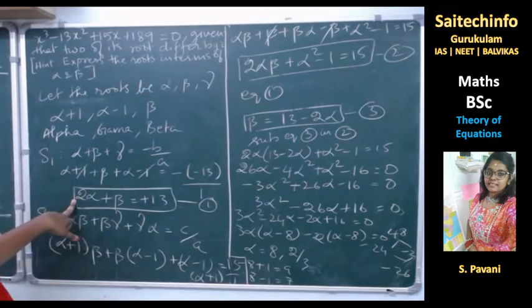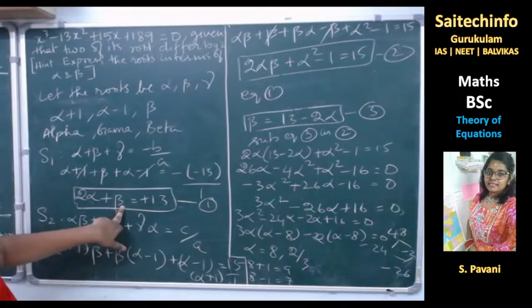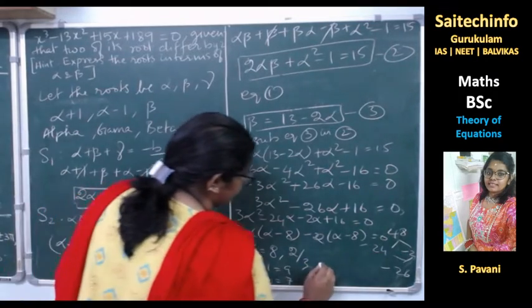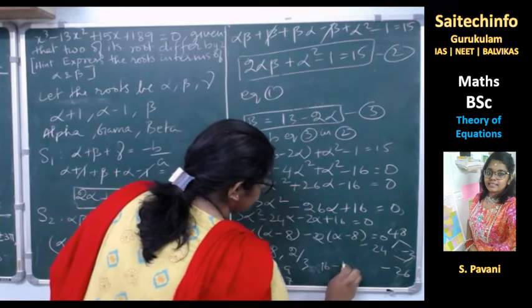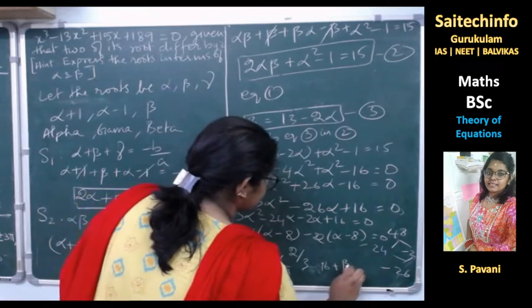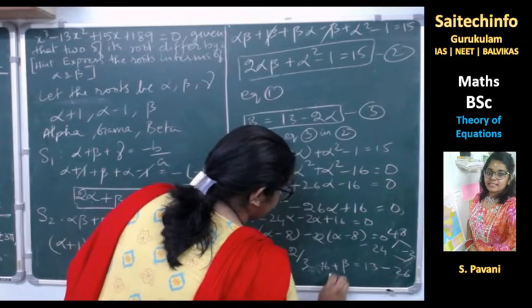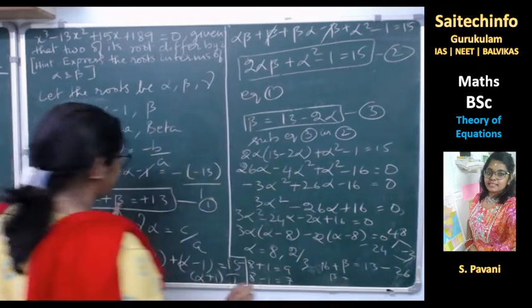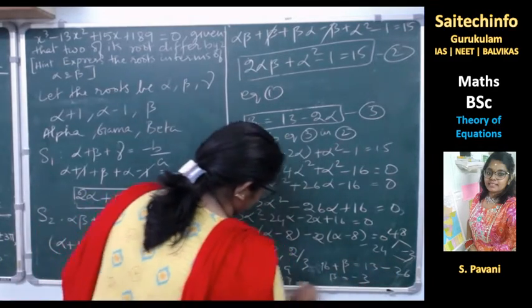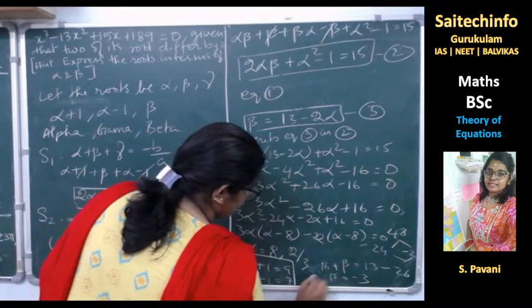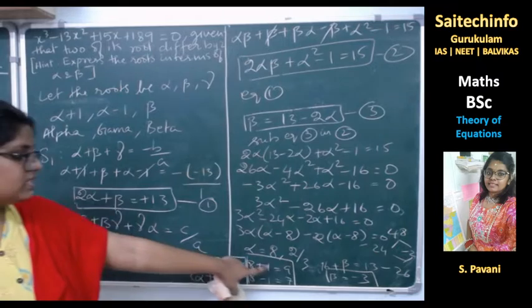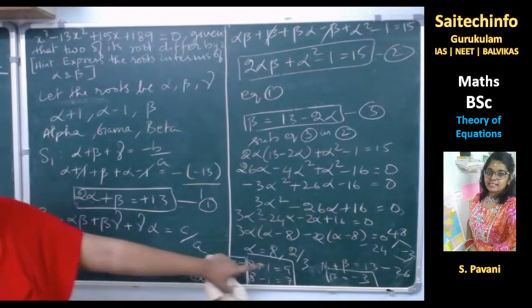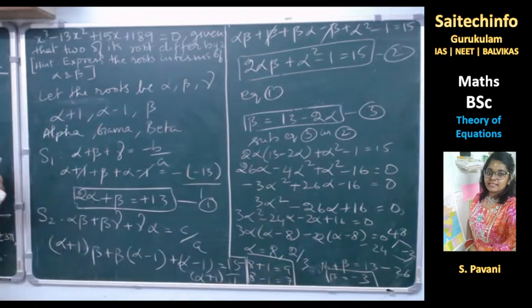And in the first equation, we can substitute the alpha and find the beta. 2 into 8 is 16, 16 plus beta is equal to 13, so beta is equal to minus 3. So these are the roots. The roots are 9, 7 and minus 3. Hence we solved this equation.